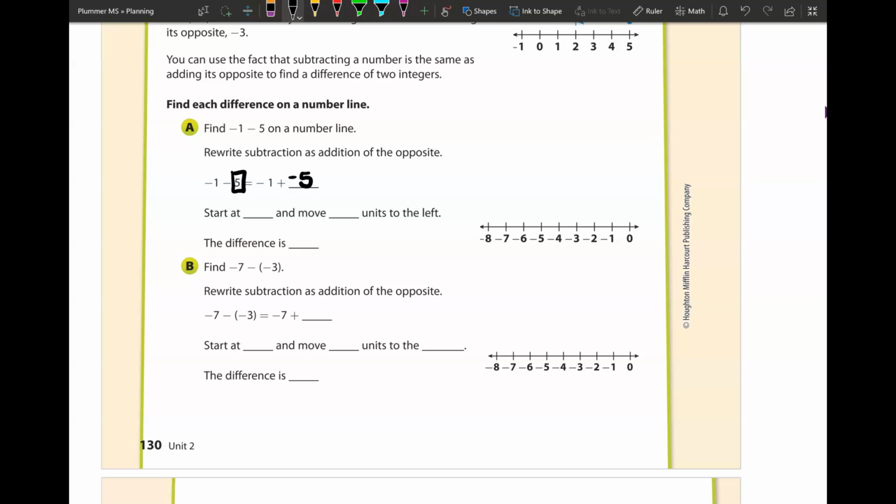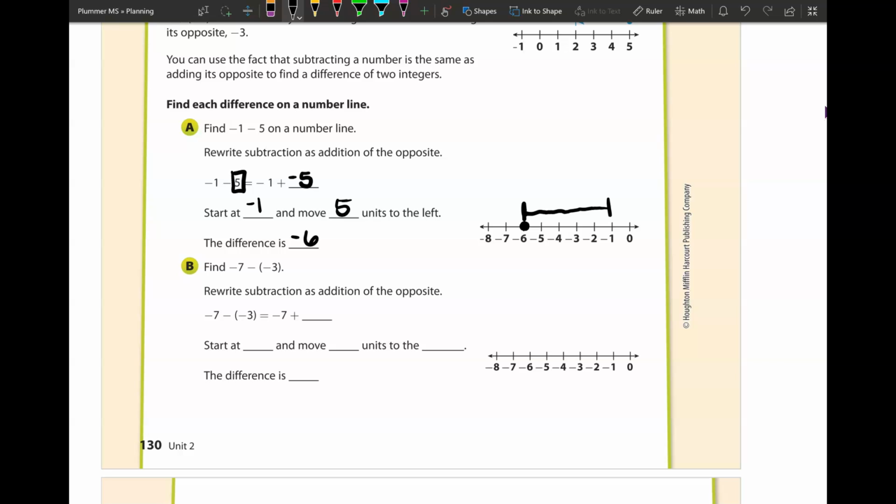We're going to start at negative 1 and move 5 units to the left because it's negative. 1, 2, 3, 4, 5. And remember, since they're both negative, I keep the sign negative. Negative 1 plus negative 5 equals negative 6.